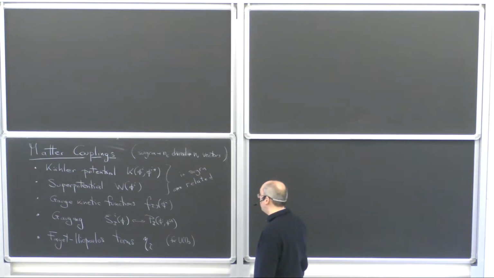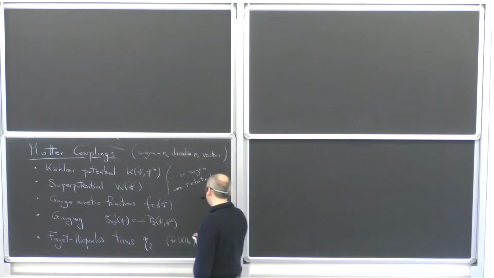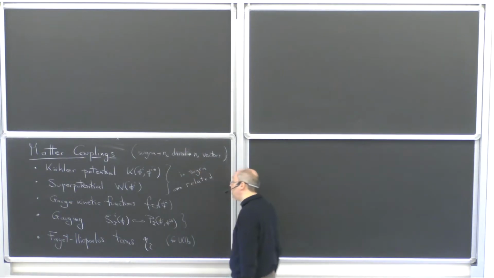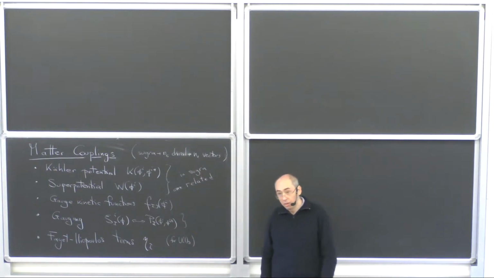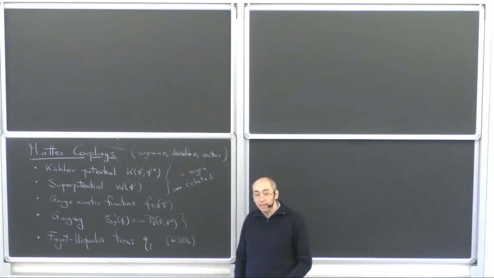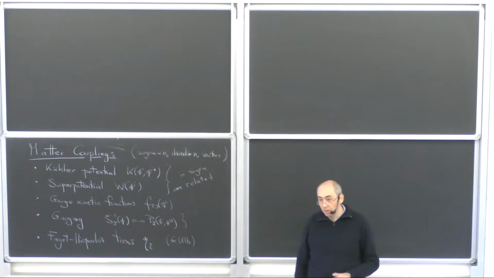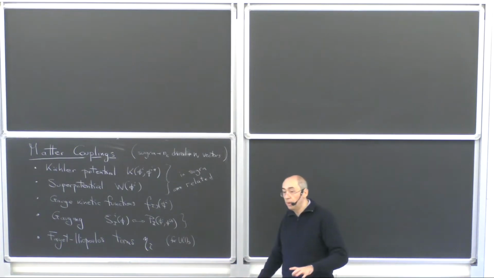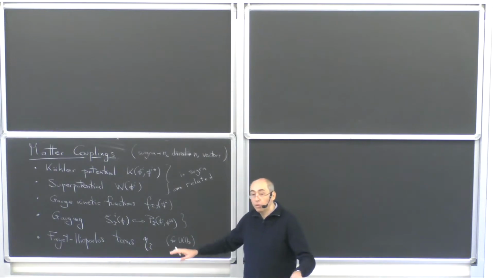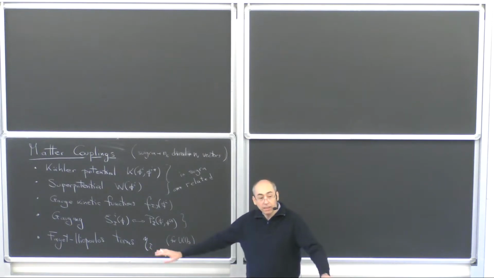Another thing that is important is that the gauging, the D terms, are not independent from the F terms. This is another thing that is very different from what happens in global supersymmetry. In global supersymmetry, you will have F terms and you will have D terms, and these sources of supersymmetry breaking are again completely independent.